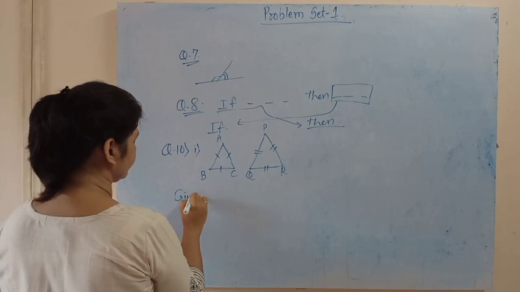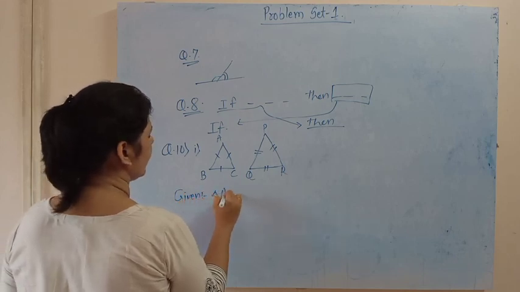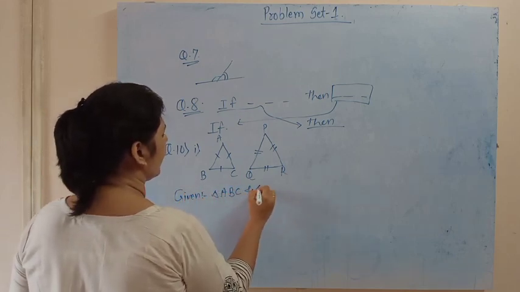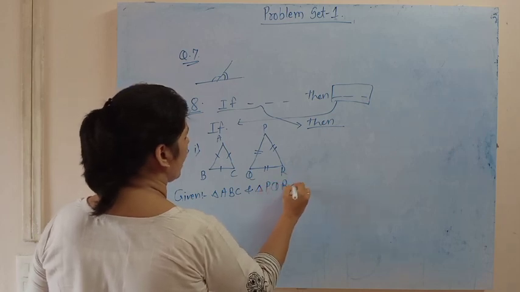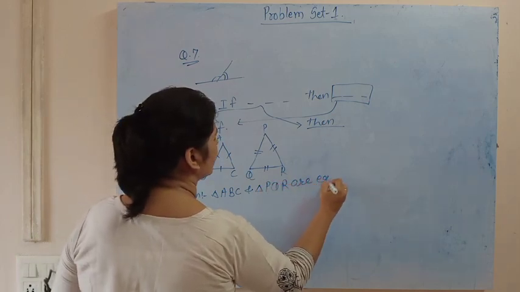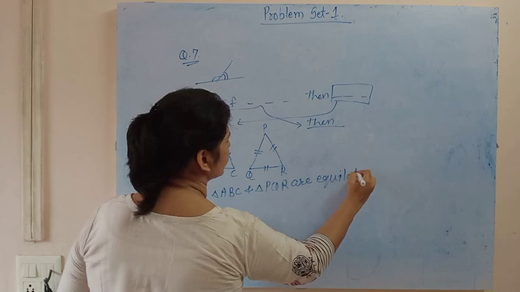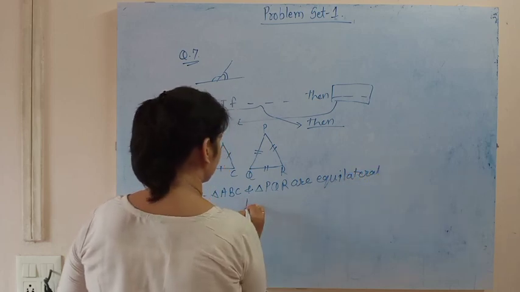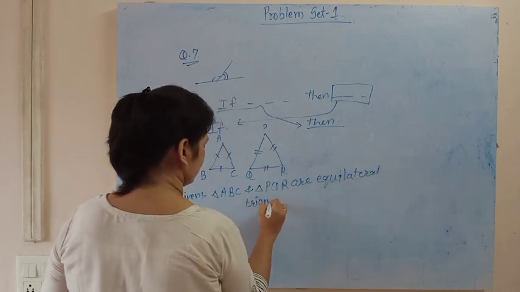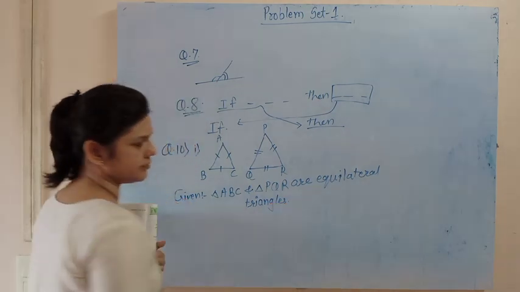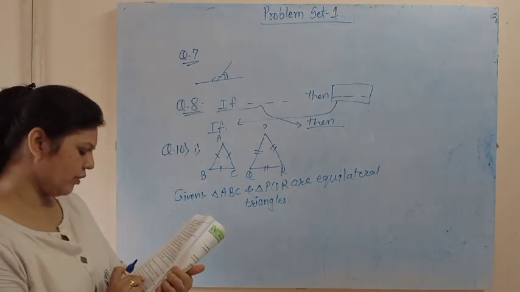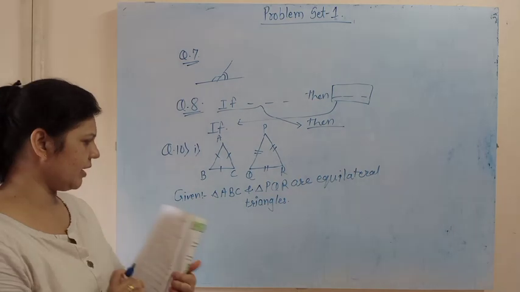So given, triangle ABC and triangle PQR are equilateral triangles. This is our given. Okay. Now we have to prove that they are similar.